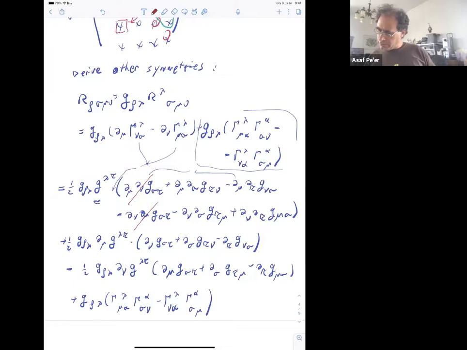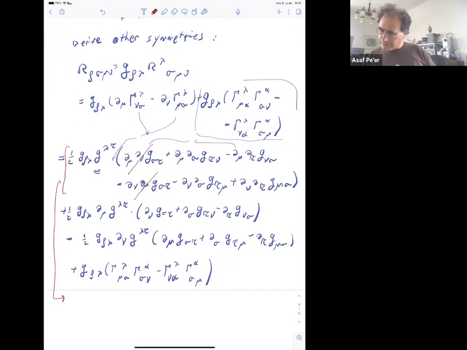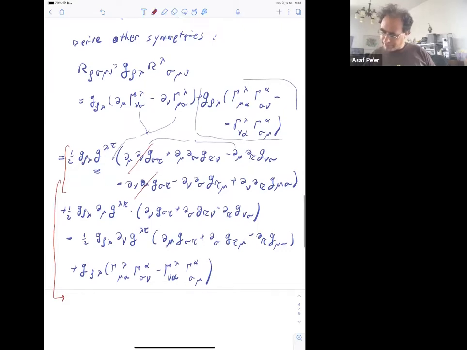And so what we are left with from this guy, again, lambda is a dummy index. G rho lambda, G lambda tau. And I have tau here, so I can simply replace it with rho. What I'm going to get is 1/2 d mu d sigma g rho mu, right? Just use tau lambda here, and we can just replace it with a rho.